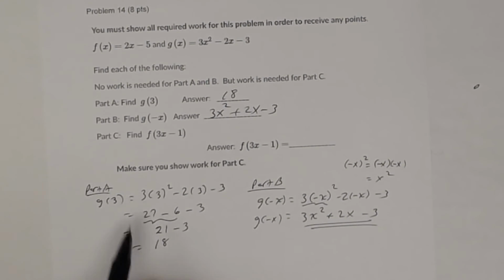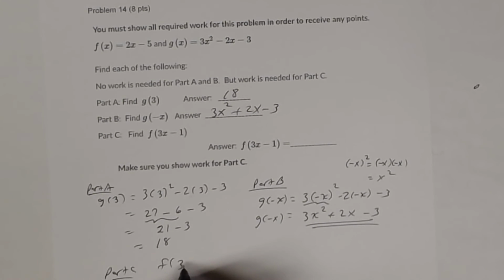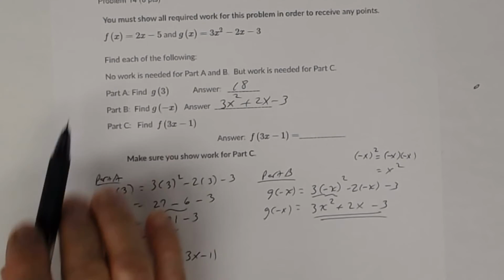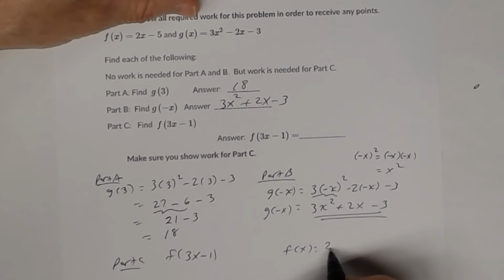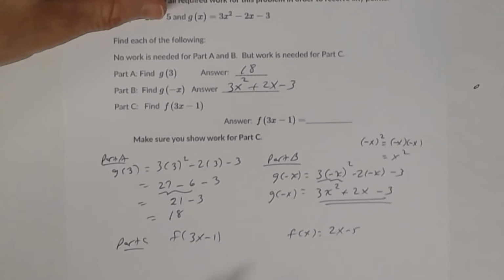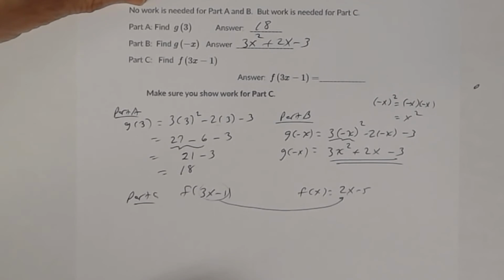All right, and then part C, you want to find f of 3x minus 1. Now be careful, this time you got to go to your function f, which is this. So here's my function f. It's 2x minus 5. So in place of x, you're going to substitute 3x minus 1.